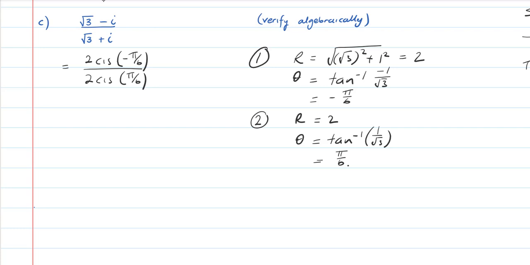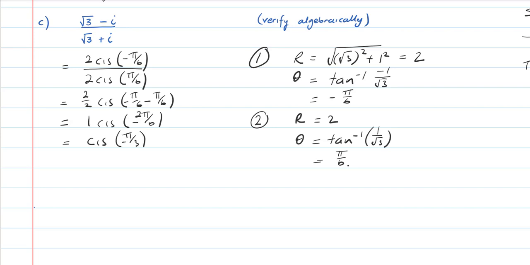So I apply that extra version of de Moivre's theorem. 2 divided by 2 is just 1, cis negative pi on 6 minus pi on 6. That's equal to 1 cis, and this becomes negative 2 pi on 6, which can be written, of course, as, I don't need the 1 there, just simply cis negative pi on 3.